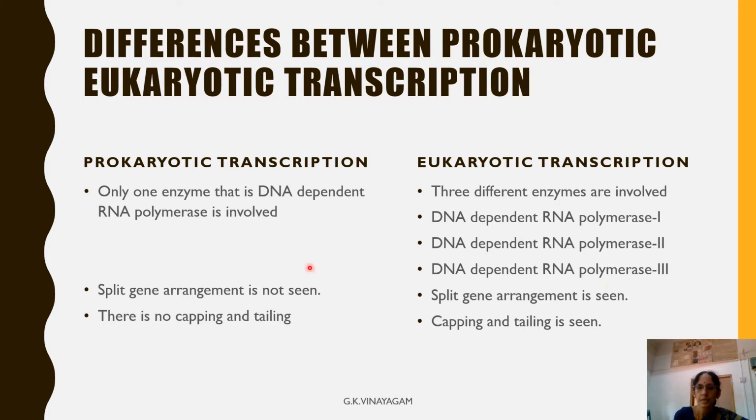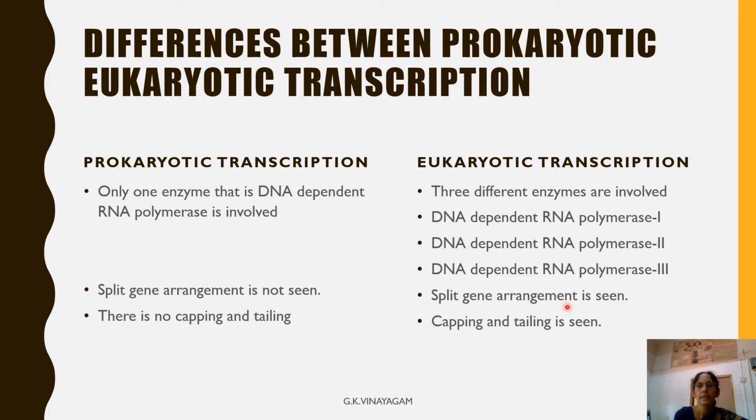And the second difference is, in prokaryotes there is no split gene arrangement, but in eukaryotes split gene arrangement is seen. What is a split gene arrangement? That is, DNA of a eukaryote has both exons and introns intermingled with each other.